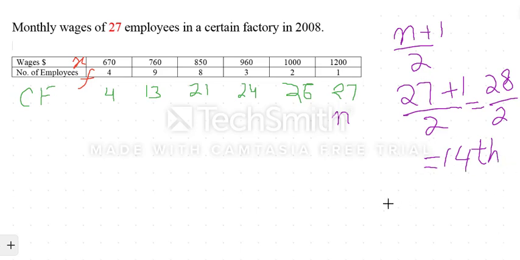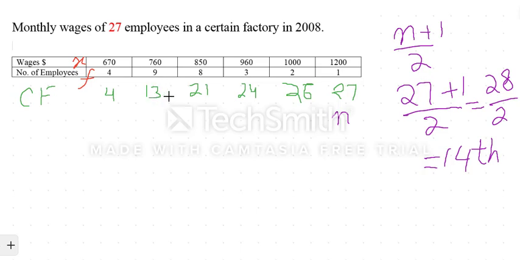So let's see where the 14th position is. From the first position, second, third and fourth position, there is 670. The fifth position, and from fifth, sixth, seventh and up to the 13th position, there will be 760.